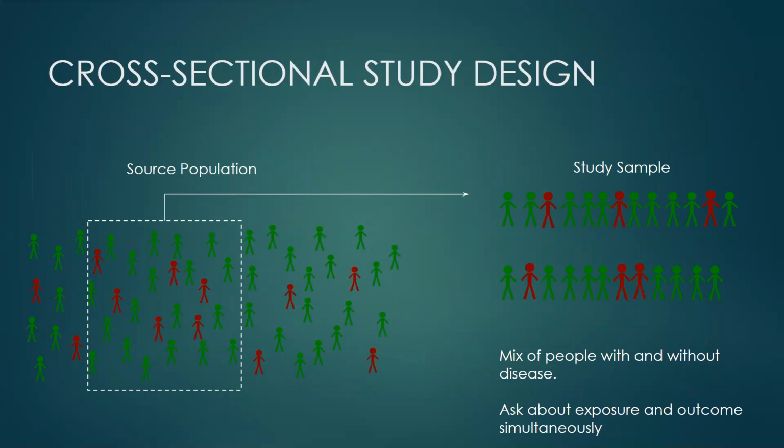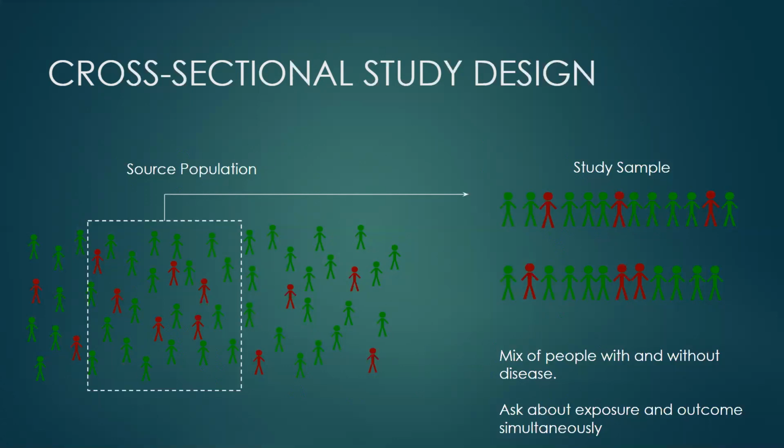So here, for a cross-sectional study, which again is commonly considered a descriptive type of observational study, we are sampling people from the source population without respect to their disease status. So we really do just take a subset, a cross-section of people. Again, hopefully this could be a random sample. That would be the ideal situation. But we take a group of people.